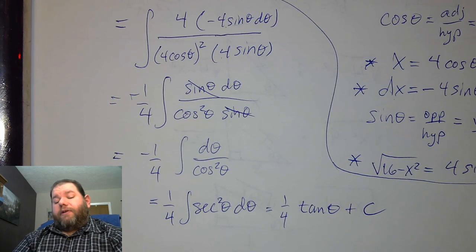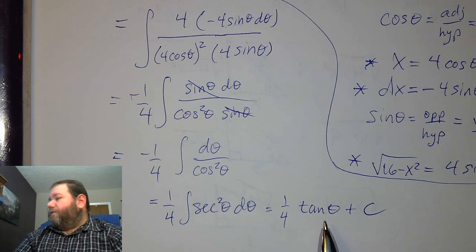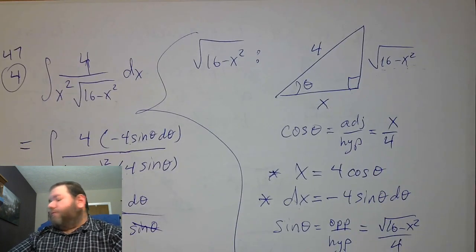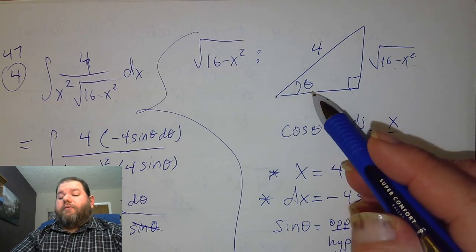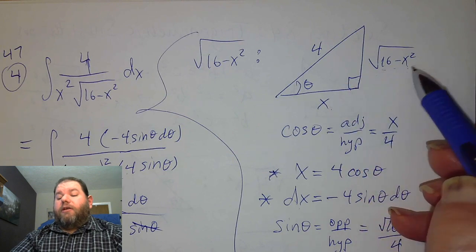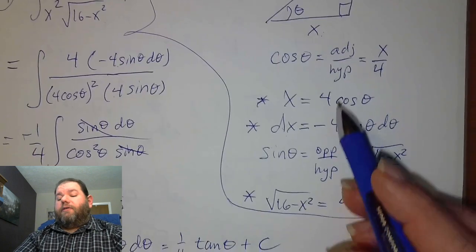Integral of secant squared is tangent. So we've integrated secant squared to tangent, but the problem is we still have tangent theta in our problem. We need to figure out what tangent theta is equal to. Well, for that we can actually go right back to our triangle. Okay, what is tangent of theta? Well, we know tangent theta is opposite over adjacent, so we'll just say tangent theta is the square root of 16 minus x squared over x.